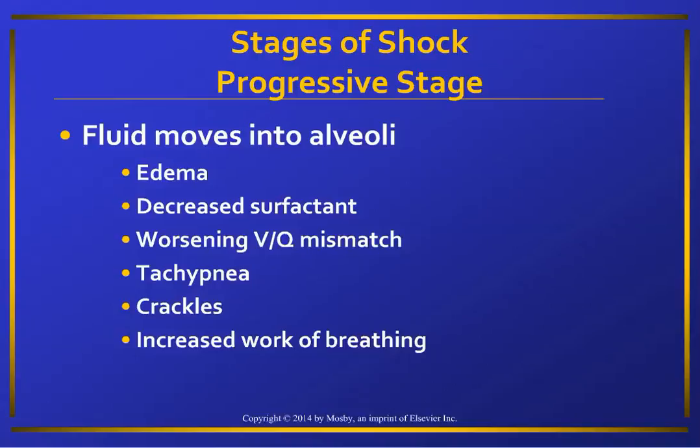With further increases in capillary permeability, the fluid moves to the alveoli, with resultant alveolar edema and a decrease in surfactant production. During the compensatory stage, blood flow to the lungs is already reduced. In response to the decreased blood flow and the SNS stimulation, the pulmonary arterioles constrict, resulting in increased pulmonary artery pressure. As the pressure within the pulmonary vasculature increases, blood flow to the pulmonary arteries decreases, and ventilation perfusion mismatch worsens.